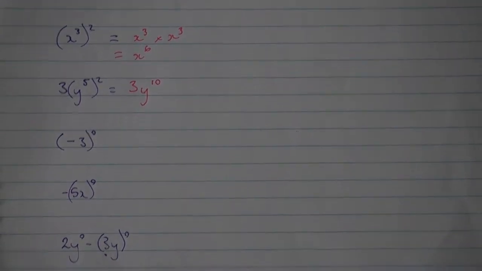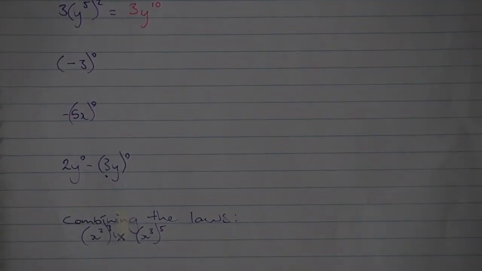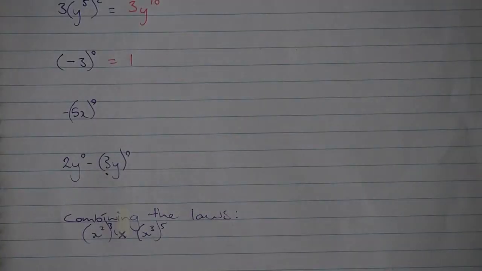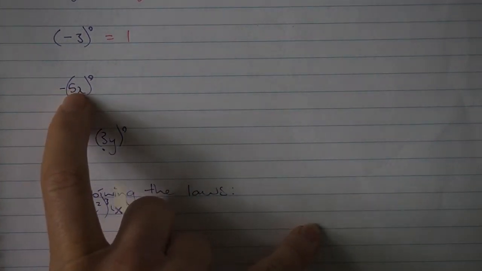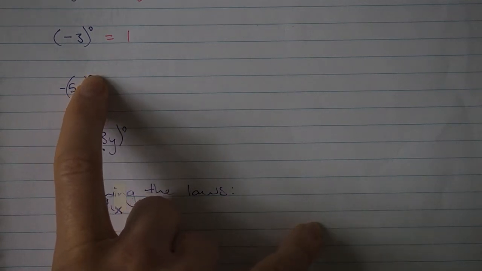Okay, so then we move on to our zero index. What we have here is negative 3 being put to the power of 0. So remember I said that anything to the power of 0 is 1. That includes negative. So negative 3 to the power of 0 is 1. But you can see in our next example, we have negative of 5x to the power of 0.